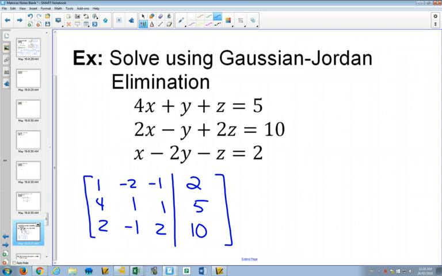It is not a bad idea to take a slight second every time you do an operation just to check to make sure you've done something right. Because if you make one small minor error, and it might be as small as copying down the question wrong from the original question, or one arithmetic mistake as you're going through, you're going to do a ton of calculations with that mistake only to find out your answers don't work, and then you have to redo everything.